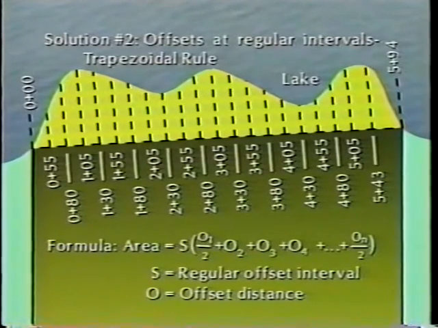In this formula, S equals the regular offset interval, O the offset distance. The formula shown here appears in your workbook along with the stations and offsets for this problem. Turn the video off and work the problem. After you have completed working the problem, turn me back on and we'll compare results.